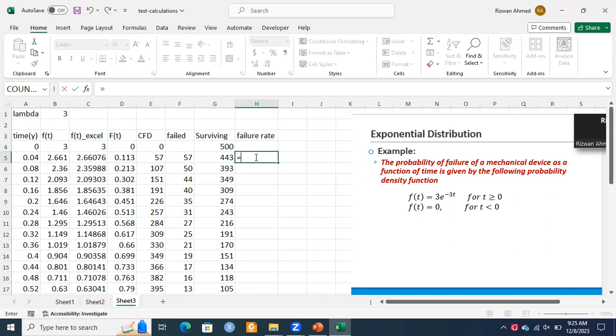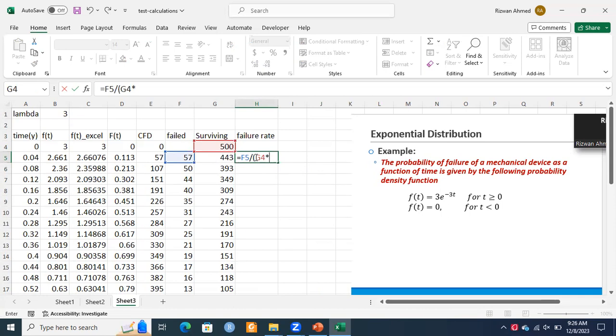So how many components failed in the first interval? 87. And out of how many have they failed? They have failed out of 500. So that is the probability of failure, like in the total number of trials, how many times you got the head, right? And I multiply it with the time interval in concern.